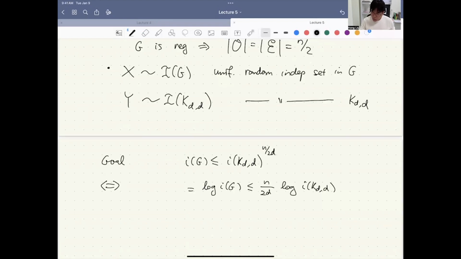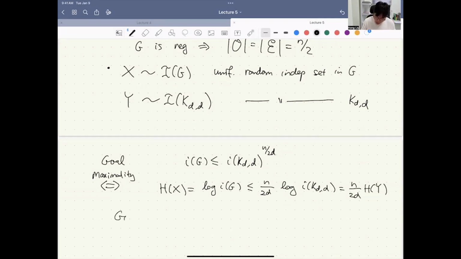Now, we sample X uniformly from I of G. Log of this is precisely, by maximality axiom, the entropy of X. And this is the entropy of Y. So our goal becomes proving that.